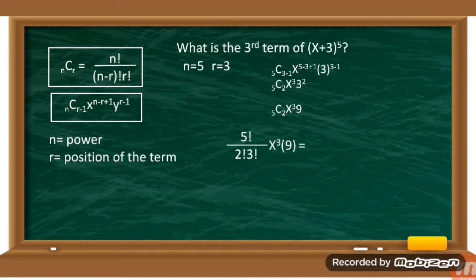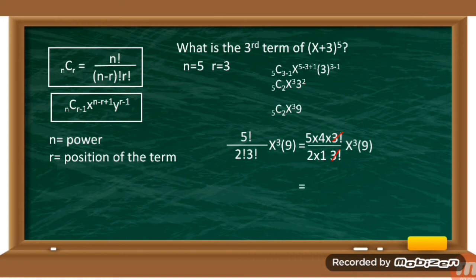Then, i-expand naman natin yung 5 factorial. So, 5 times 4 times 3 factorial all over 2 times 1 then 3 factorial. Bakit tayo tumigil sa 3 factorial? Kasi pwede na natin i-cancel yung dalawang 3 factorial para hindi na tayo mahirapan pa.